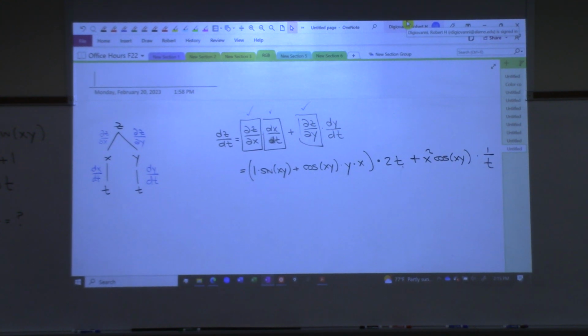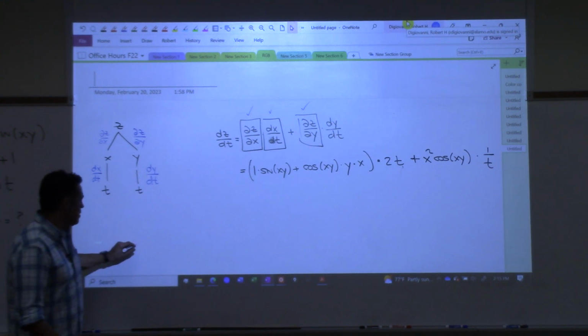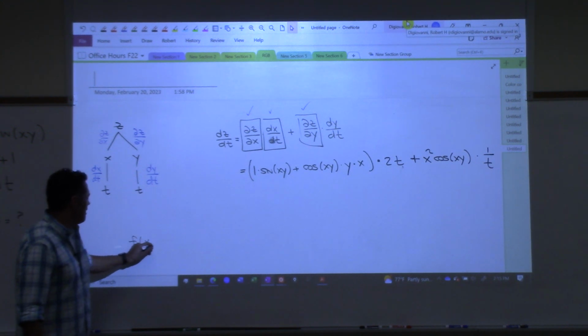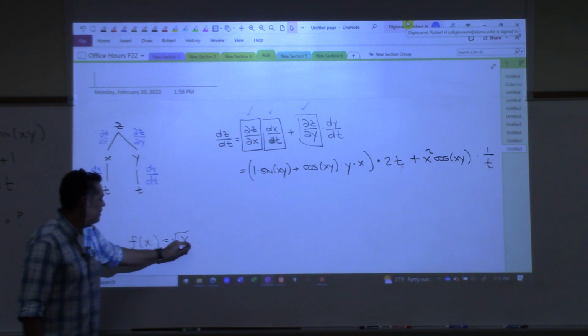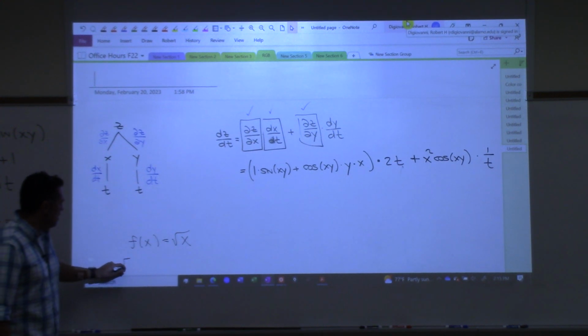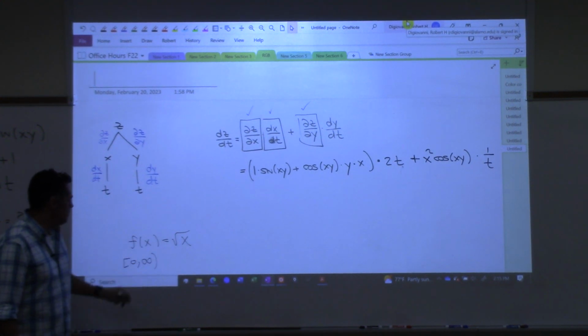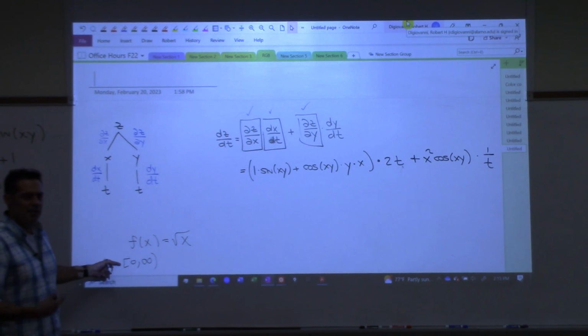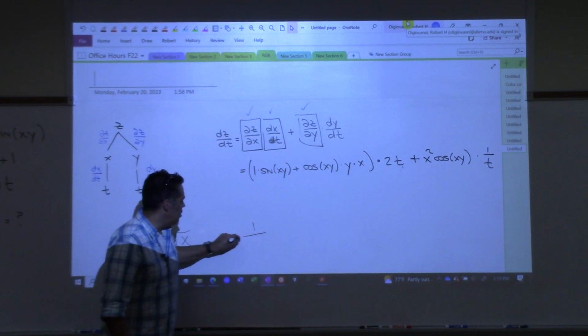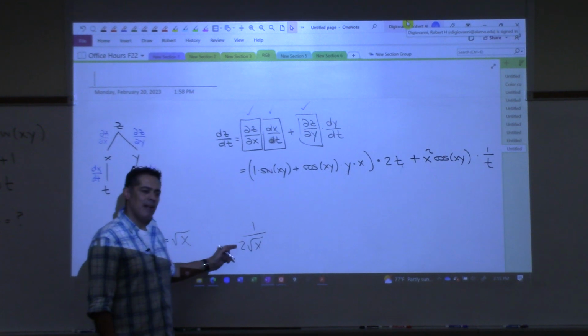Is there ever a chance that the domain of that derivative gets more restrictive than the original domain? There's an easy example of that, back in Cal 1. If you take f of x equals the square root of x, the domain is all values of x greater than or equal to 0. But the derivative is 1 over 2 square root of x, and you cannot plug 0 into that.